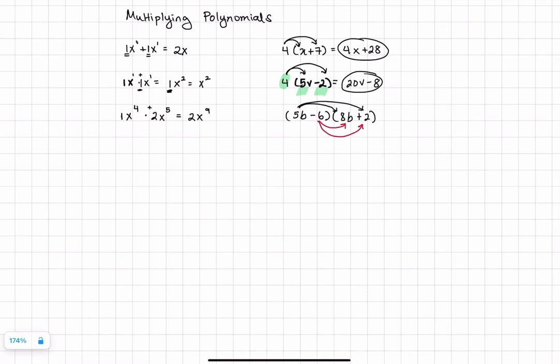So 5b times 8b, let's color code this. So 5b times 8b would be 40b squared, because b is raised to the power of 1, and then you add them to get b raised to the power of 2.